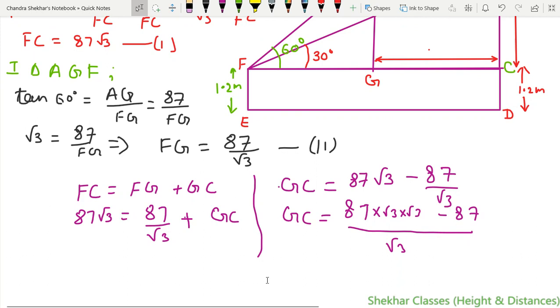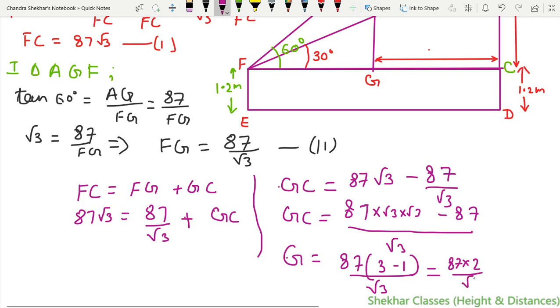Furthermore, GC will be equal to 87 common in both, so I write 87 into 3 minus 1 upon root 3. So we can write 87 into 2 upon root 3. Rationalize the denominator.